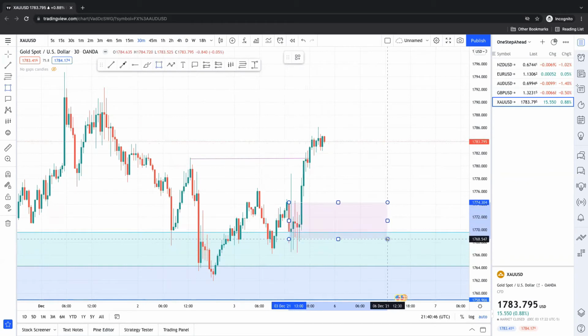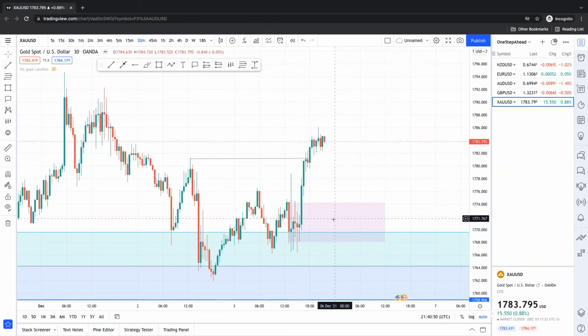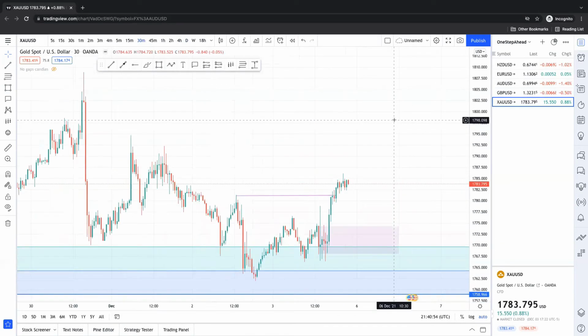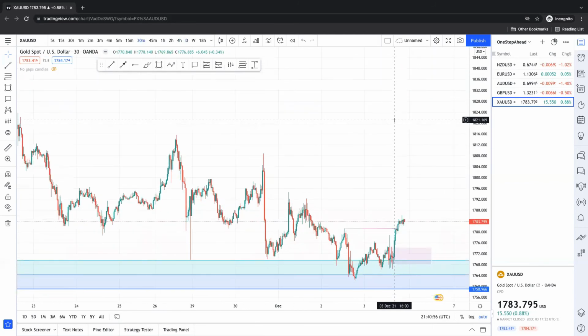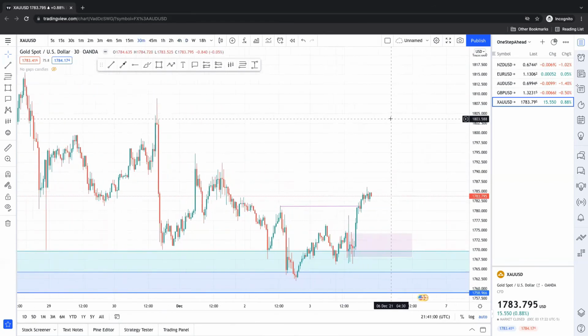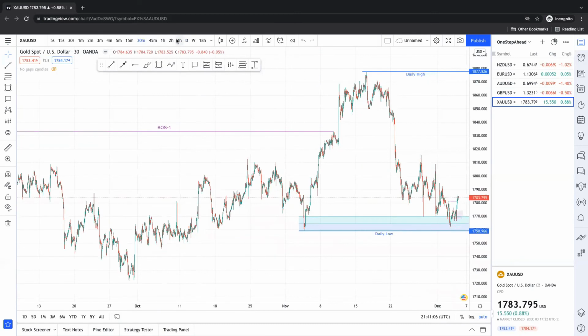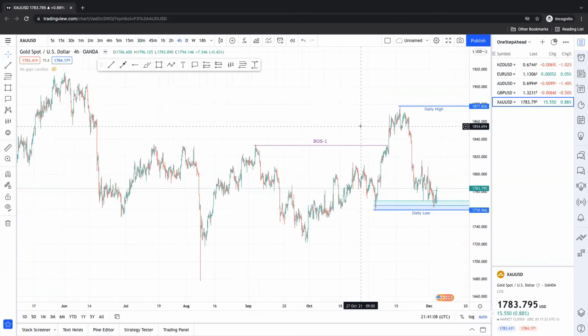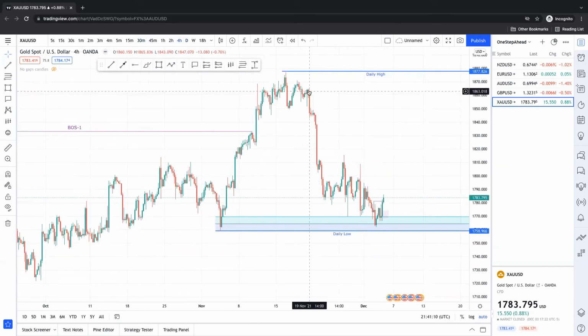Okay, so price comes back here, you get 5-minute or 1-minute order flow in this zone to go long, that will be perfect. If you find an excuse to go long from this zone, you can at least take it to this POI, this one.